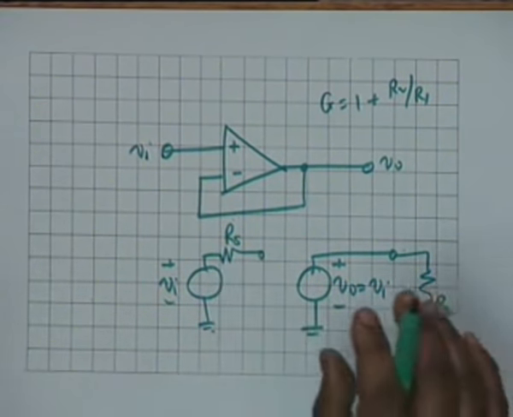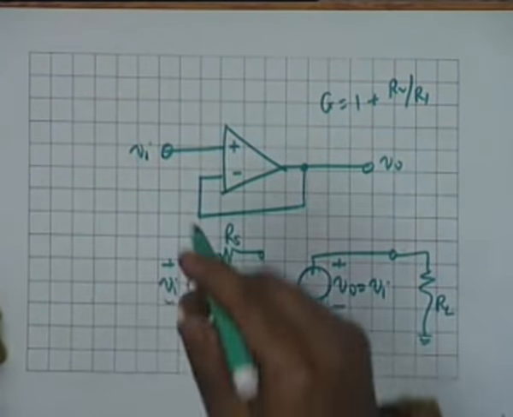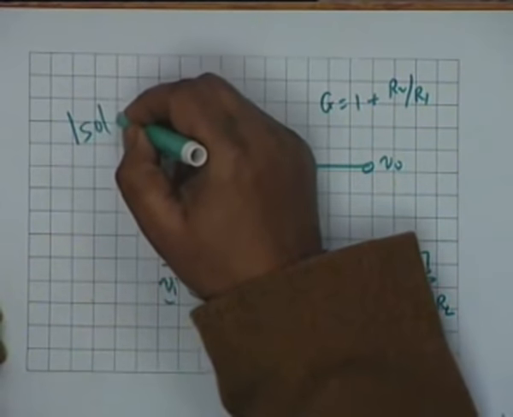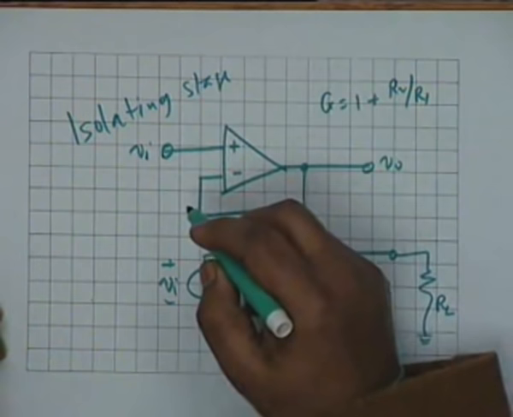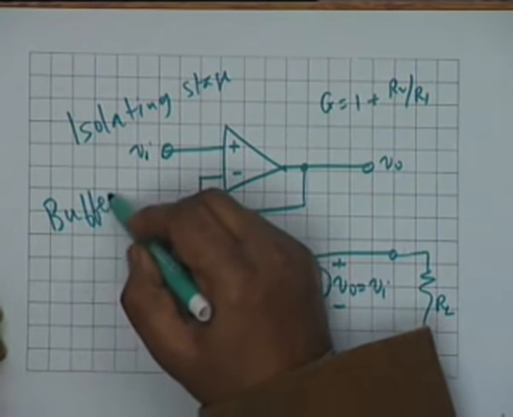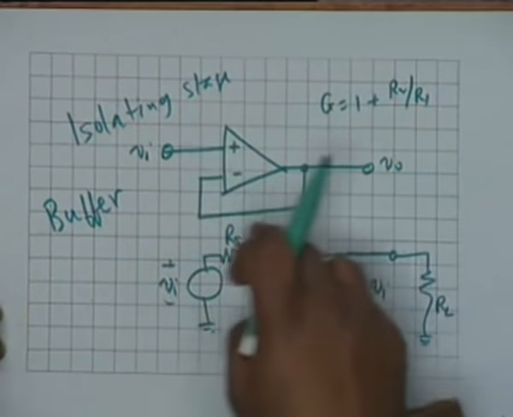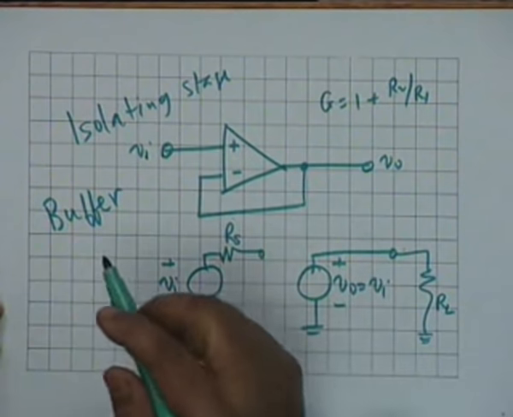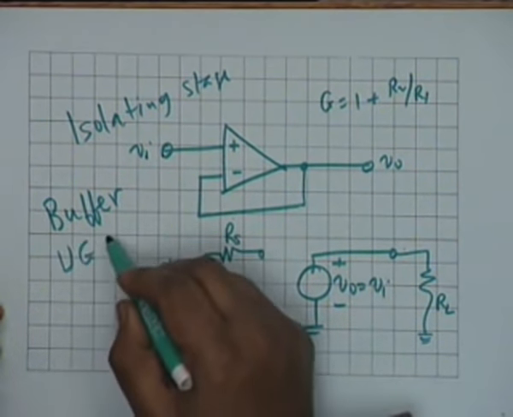So it provides an isolation between the input and the output, and in that sense it is given various names: isolating stage, or more popularly a buffer stage. The op-amp acts as a buffer between the input and the output. It is also called a unity gain amplifier, UGA.